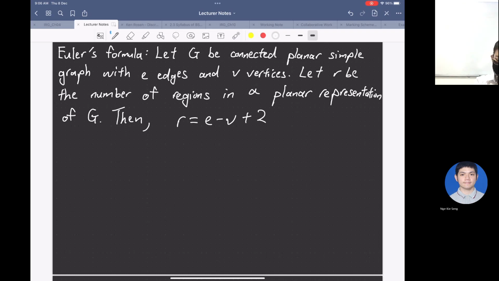So you can see that actually this is an alternating sum. A vertex is a point, an edge is a line, and a region is a bounded area. So you take your area minus the lines plus V is equal to 2. So you get an alternating sum of decreasing dimension.